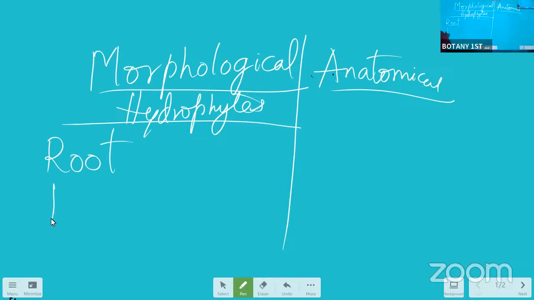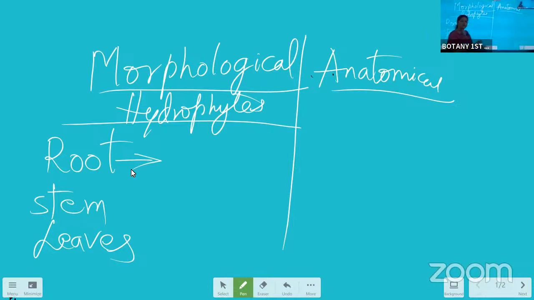Whenever this comes, there are 3 points we need to remember: root, stem, and leaves. These are the 3 points we have to write about in the morphological adaptations. First comes the root. If we know the parts, it's very easy to write answers in a smart way.